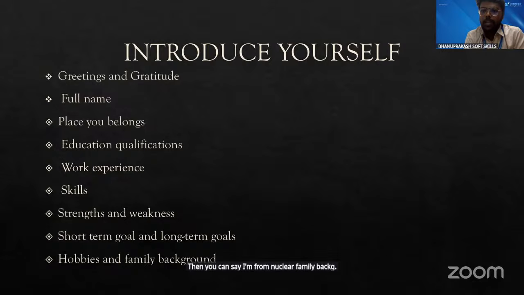If they really want to know more details about your family, then you can go into detail in the next separate question. But in the introduction part, you should never give any brief about your family. Just one line here, that is, I'm from a nuclear family background, that is more than enough. Okay, clear?